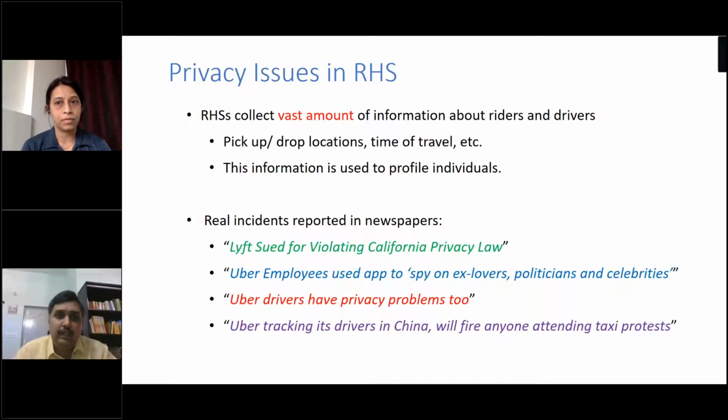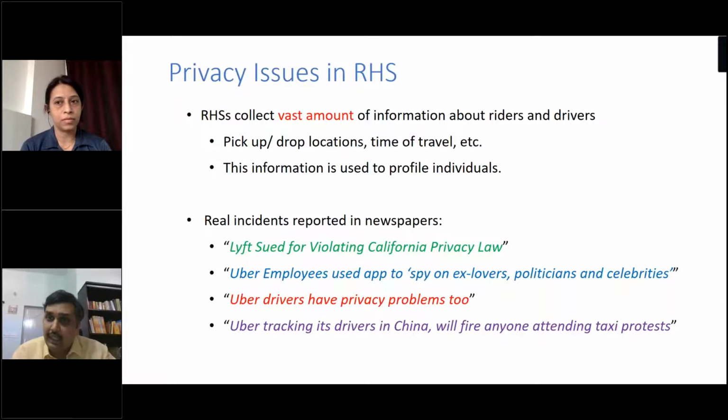But there have been a lot of instances where this information has been misused, particularly to profile individuals and their travel history. For example, they could profile journalists and government officials and so on.